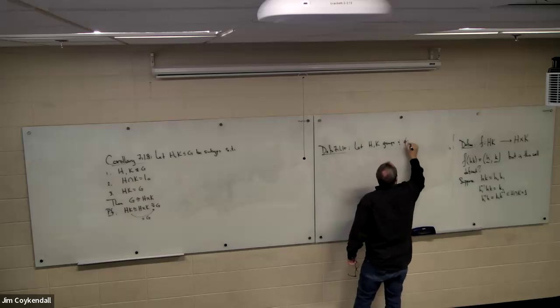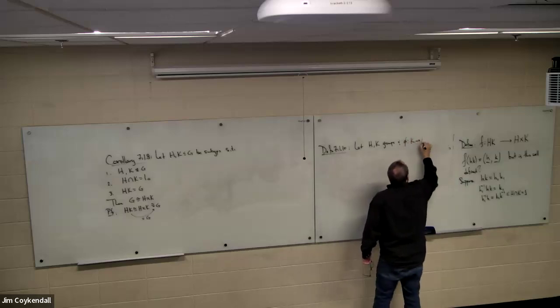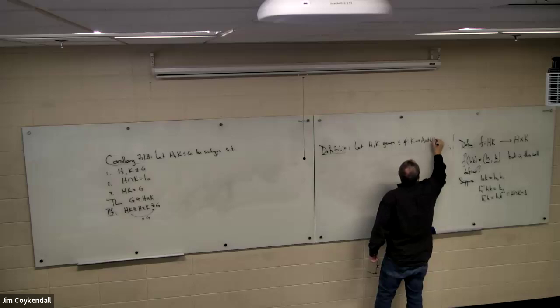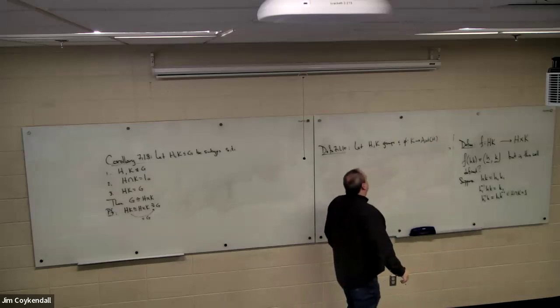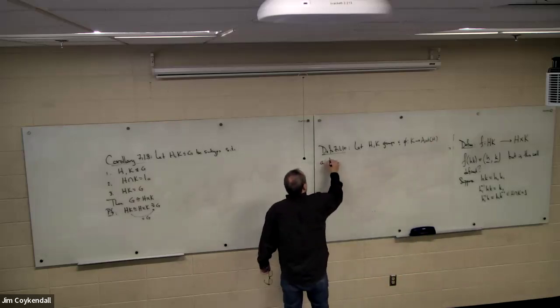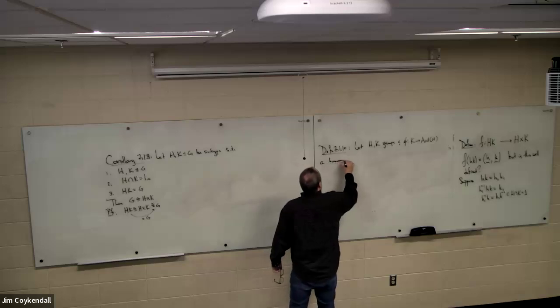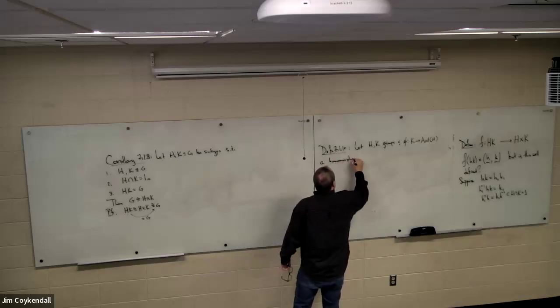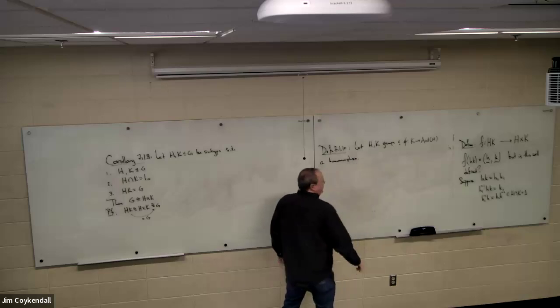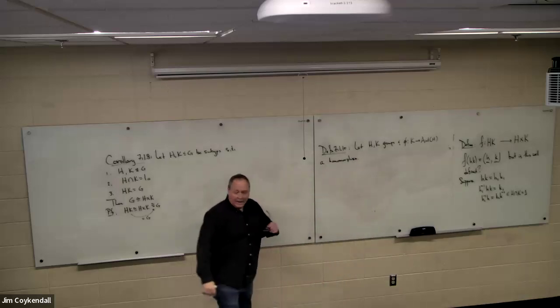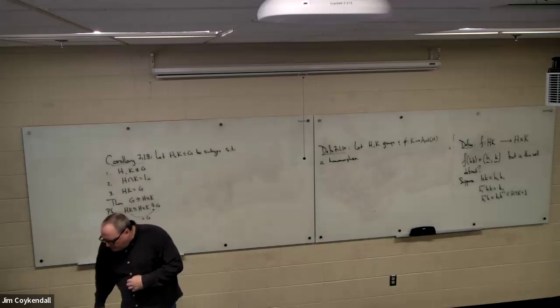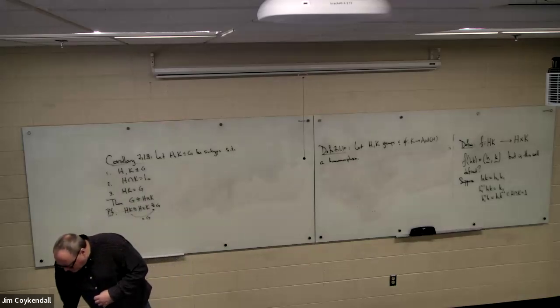And let phi be a homomorphism that goes from the group K to the automorphism group of H. Then we can put a kind of fun group structure on this as follows.